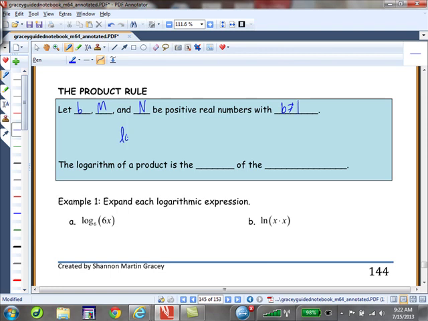So log base b of the product m times n. Remember, a logarithm is an exponent, so you end up adding the logarithms. So the logarithm of a product is the sum of the logarithms.